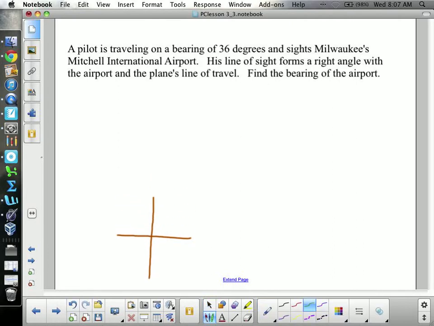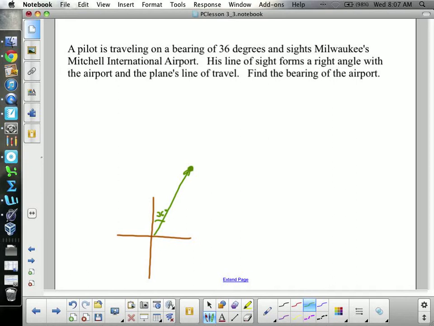The pilot is on a bearing of 36 degrees. So that means this is 36 degrees. And this is going to represent my airplane right here. That's the bearing that he's on, 36 degrees. The pilot's line of sight forms a right angle with the airport and the pilot's line of travel.